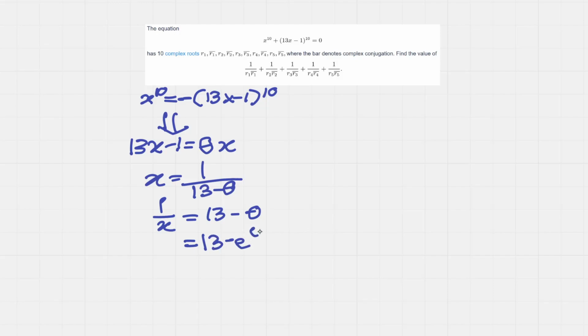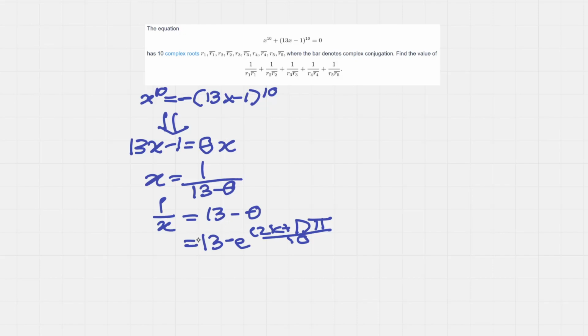So theta is e to the (2k plus 1) times pi over 10. Now this is not an even multiple of pi in the numerator as you usually see, because we're not looking at roots of unity per se, but at 10th roots of negative 1, so we want an odd multiple of pi in the numerator.